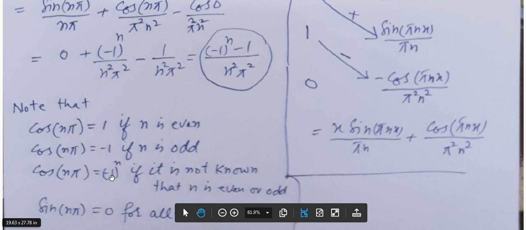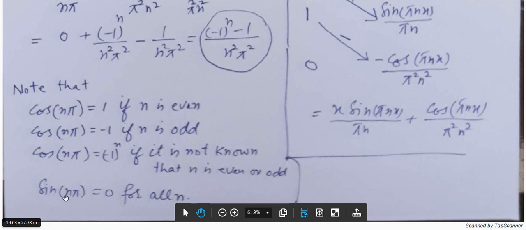And you can see here minus 1 power 2 is plus 1, and minus 1 power 1 is minus 1. So that is why we say cosine n pi for all values of n is minus 1 power n. And so I can find any value. If I want to find cosine 3 pi, 4 pi, 6 pi, I can use this formula.